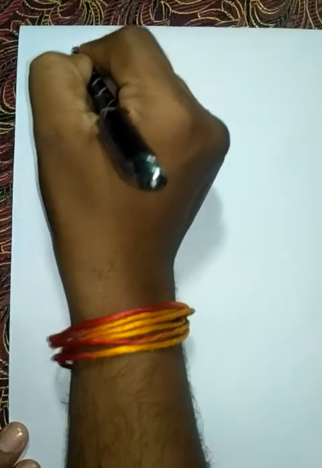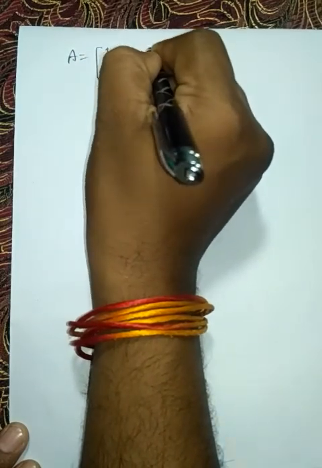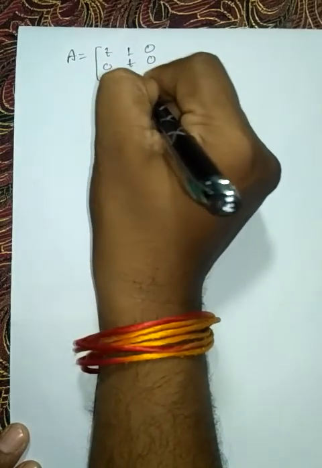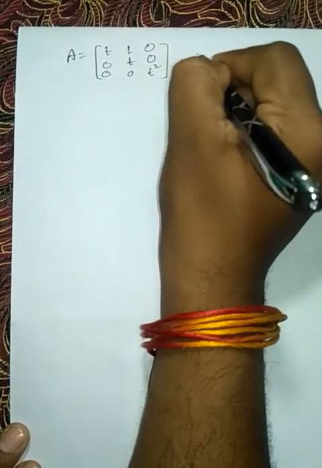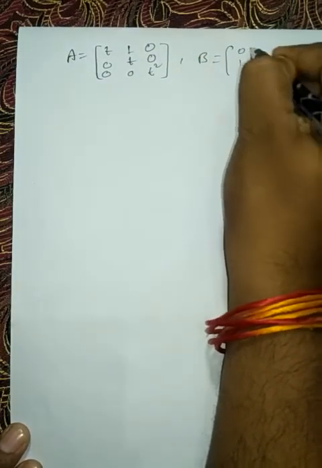Let us take another example. In this example, we have given matrix A as [T 1 0; 0 T 0; 0 0 T square], and matrix B is given as [0; 1; 1].